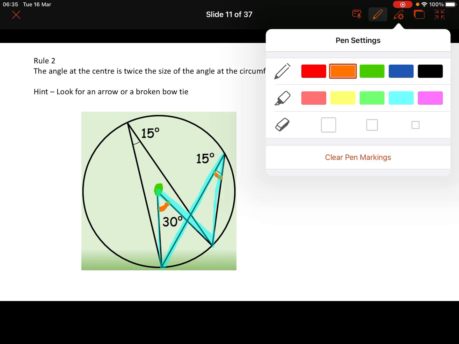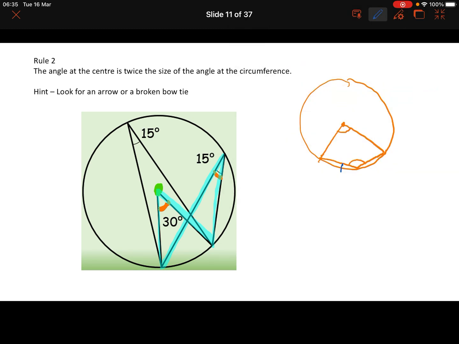And all that would mean is that this angle here would be double this angle here. So the consistency of it is still there. So don't forget, though you're looking for an arrow, well, this is an arrow. It's been sort of warped, and this is also an arrow, even though it doesn't look like an arrow at all. It means this angle here will be double this angle here.